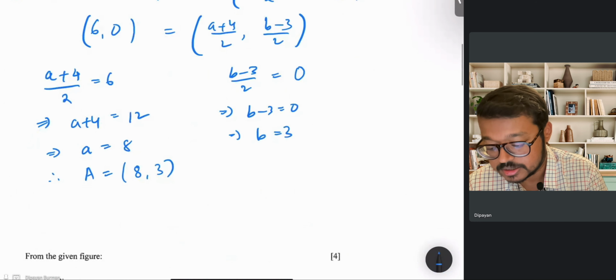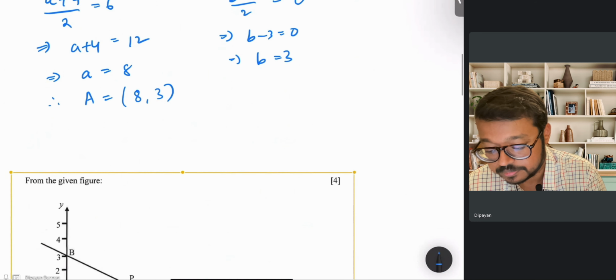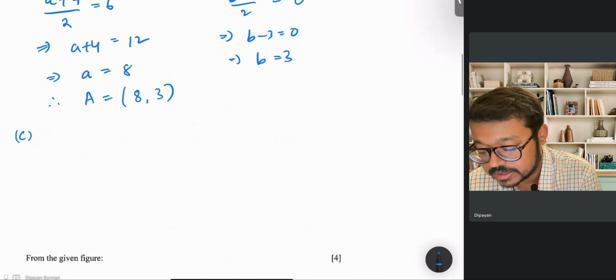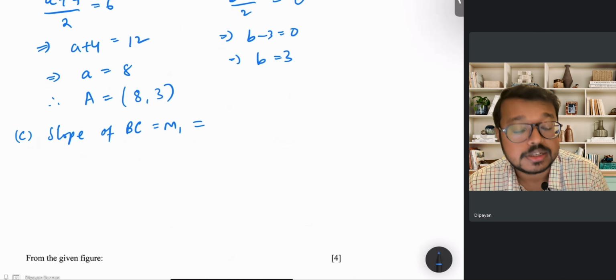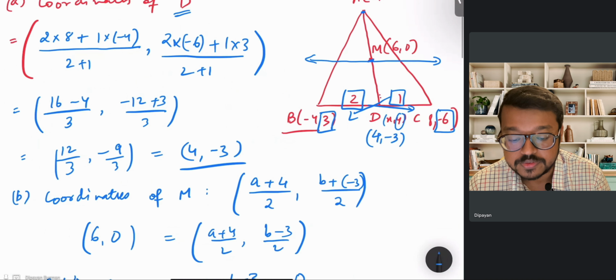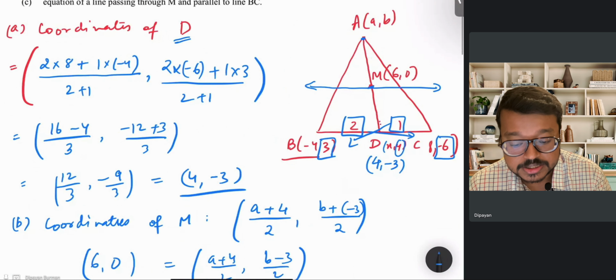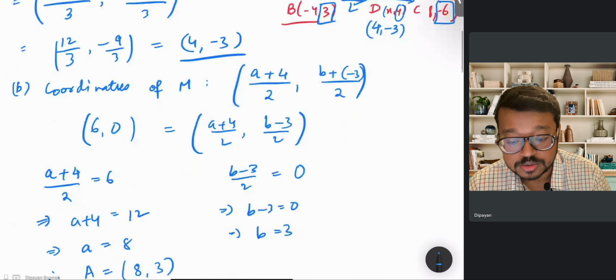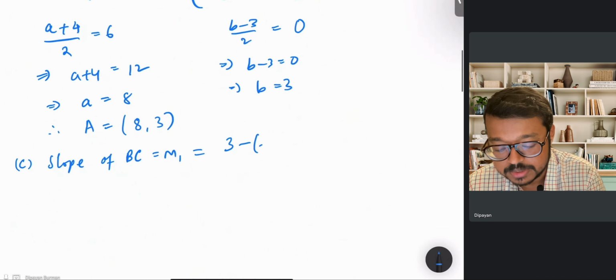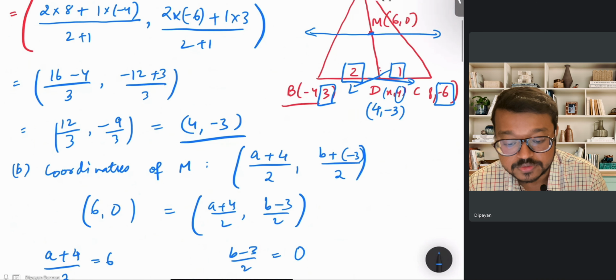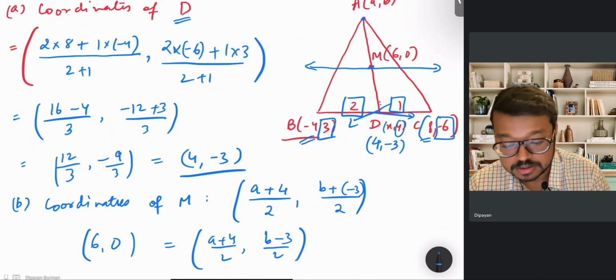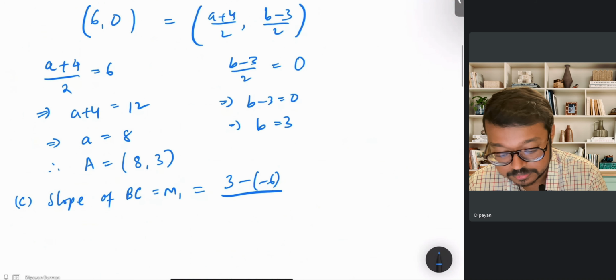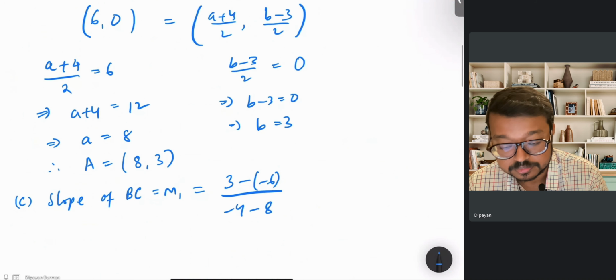So I will say that for part C, the slope of BC, let's say that is equal to M1, will be the difference of y coordinates by difference of x coordinates. So the y coordinates are 3 and minus 6. So I have 3 minus 6 divided by the difference of x coordinates, minus 4 minus 8.